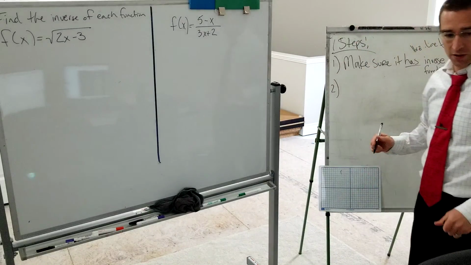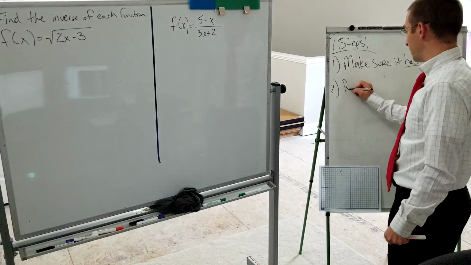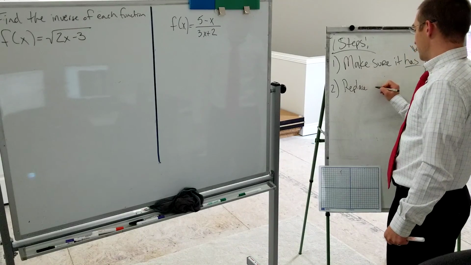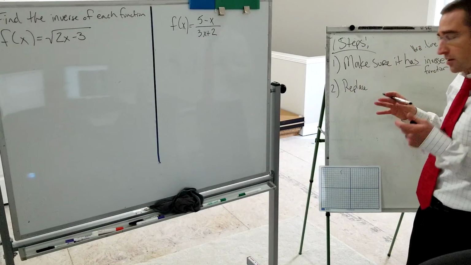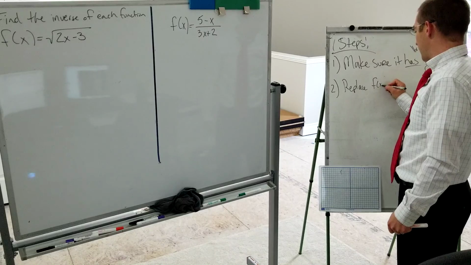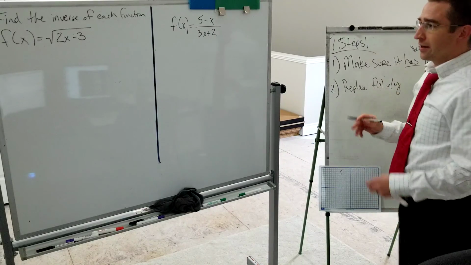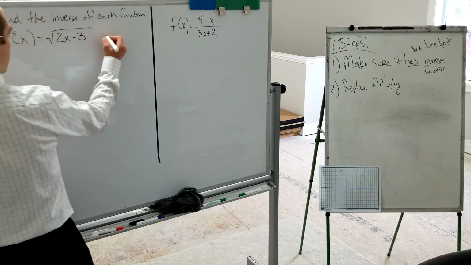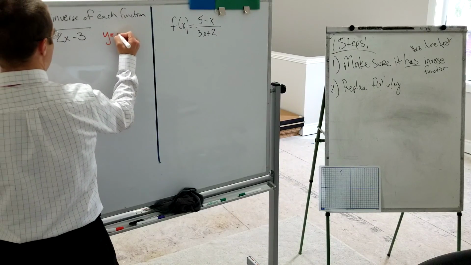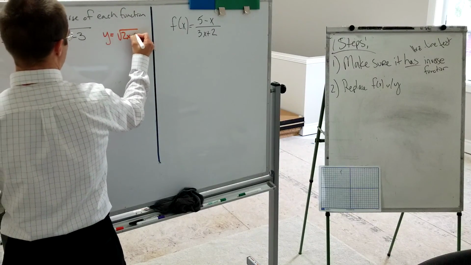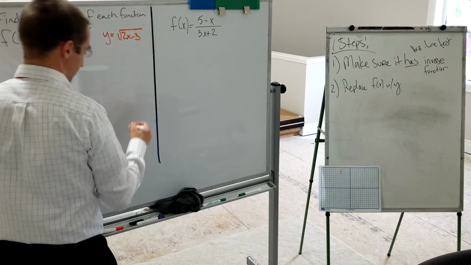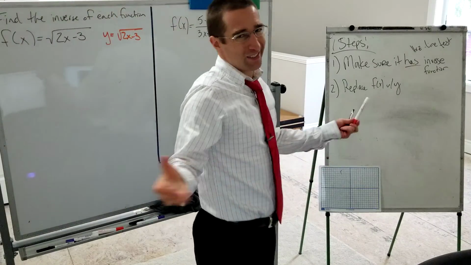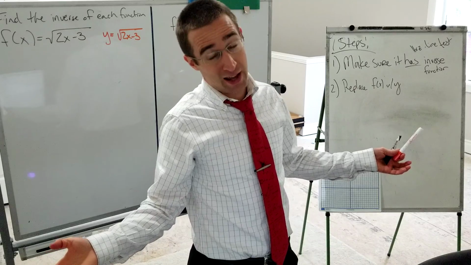Now what we're going to do, just to make it easier to solve, is replace f of x with y. So instead of f of x, we write y equals square root of 2x minus 3. Why? Because y is nicer to work with than f of x.